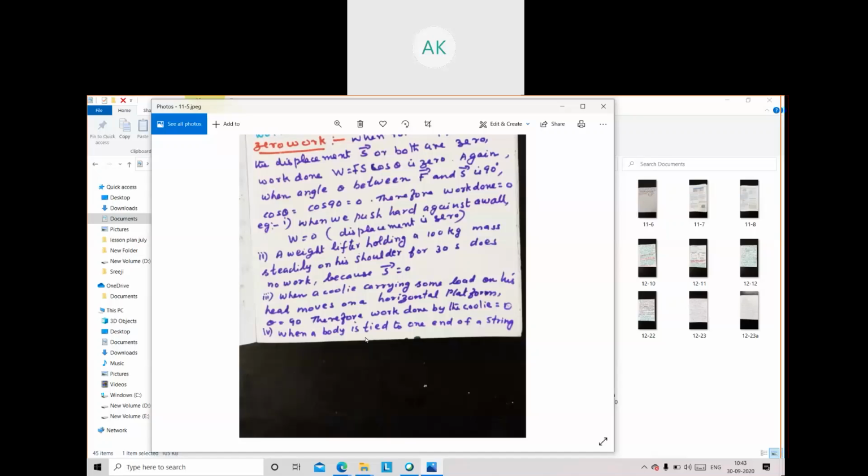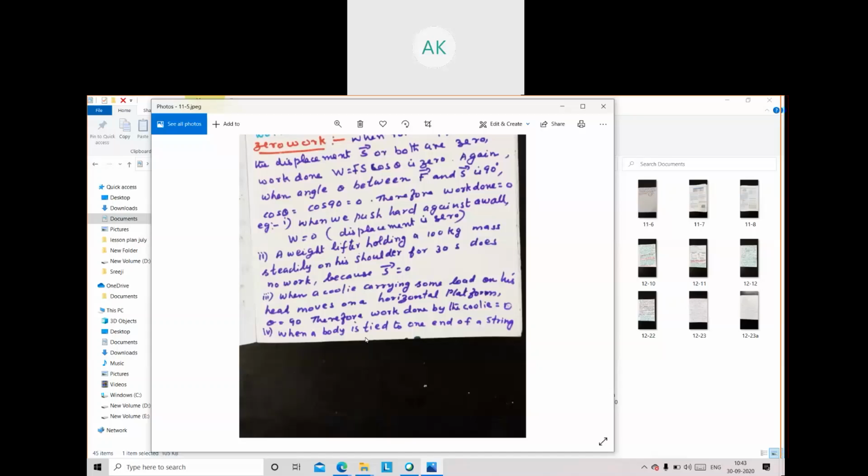So that coolie is applying a force upward, and he is moving along the platform. So horizontally he is moving, force is upwards, and the direction of motion is along the horizontal direction. The angle between force and displacement is 90 degrees. So work done by him is 0.